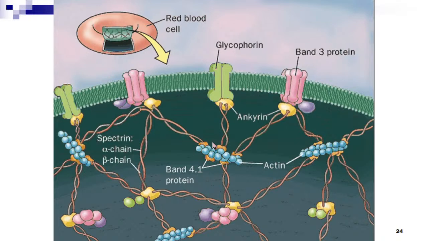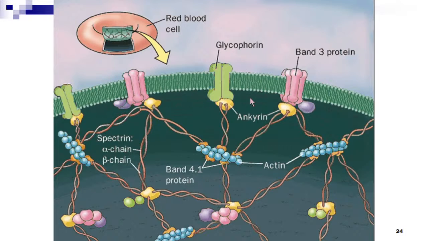Look at this one. Spectrin forms very intensive fibers and microfilaments. Ankyrin joins spectrin with glycophorins to form the submembranous components of red blood cells.